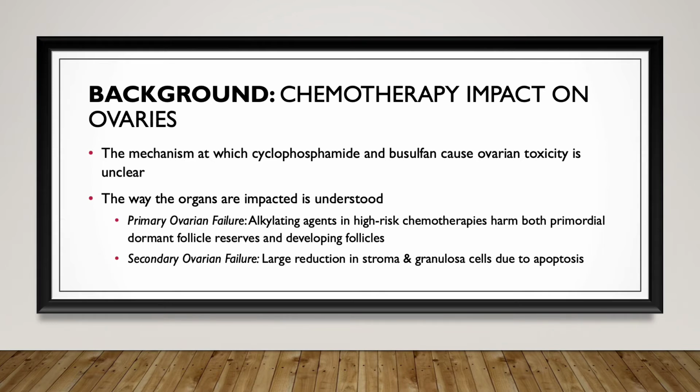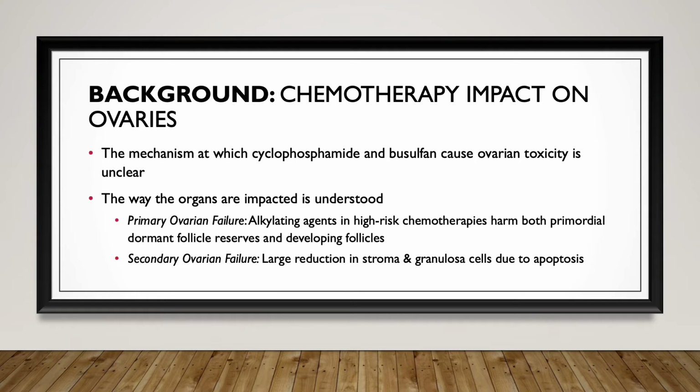Primary ovarian failure is when the follicle reserves are depleted within the ovaries. Therefore, the dormant eggs that reside in the ovaries and await maturation are adversely impacted. Secondary ovarian failure is when there is a large reduction in stroma and granulosa cells inside the ovaries.